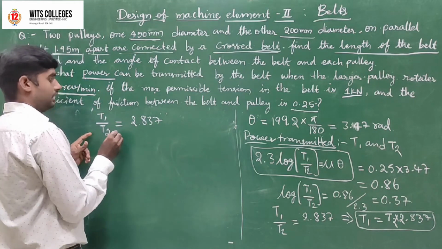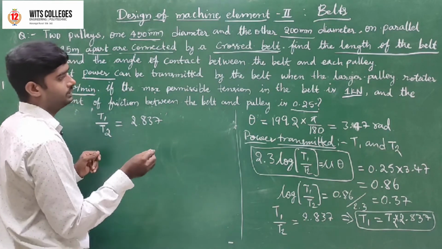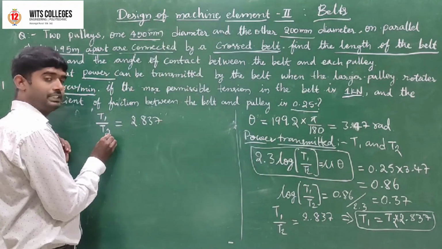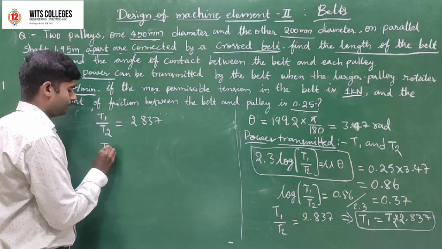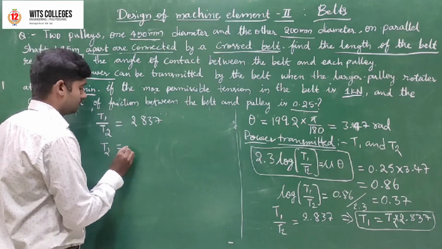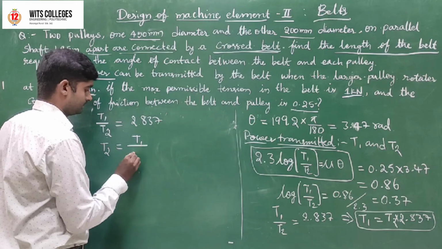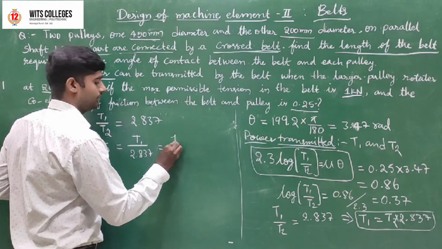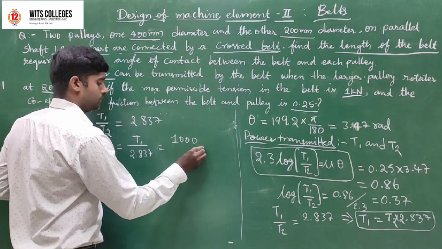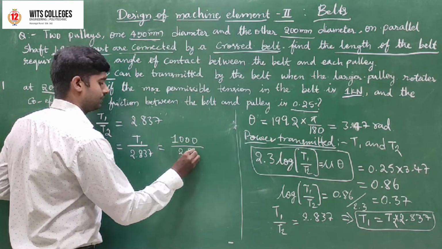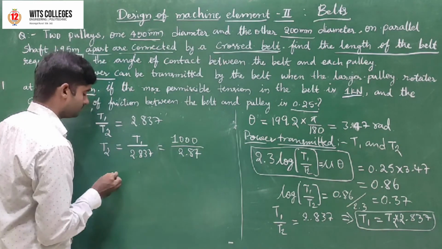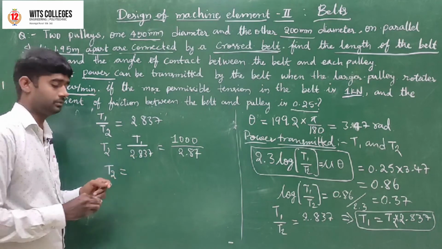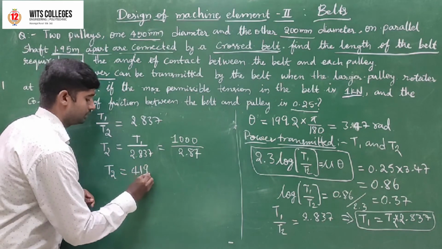Already we know that T1 is equal to 1 kilonewton. Then T2 is equal to T1 by 2.837, which is 1000 by 2.837. Using this, T2 is equal to 419 newtons.